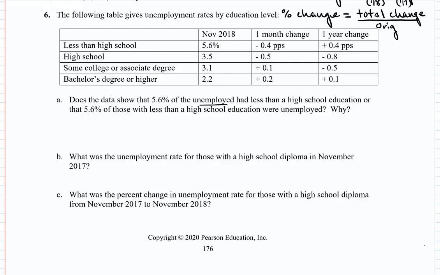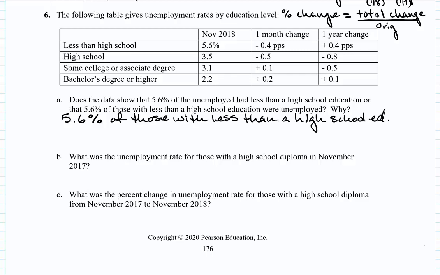So in part A, does the data show that 5.6% of the unemployed had less than a high school education, or vice versa? That the 5.6% of those with less than a high school education were unemployed. So read that again, maybe pause this and read that again. The order in which they phrase that matters. What this is, is 5.6% of those with less than a high school education were unemployed.